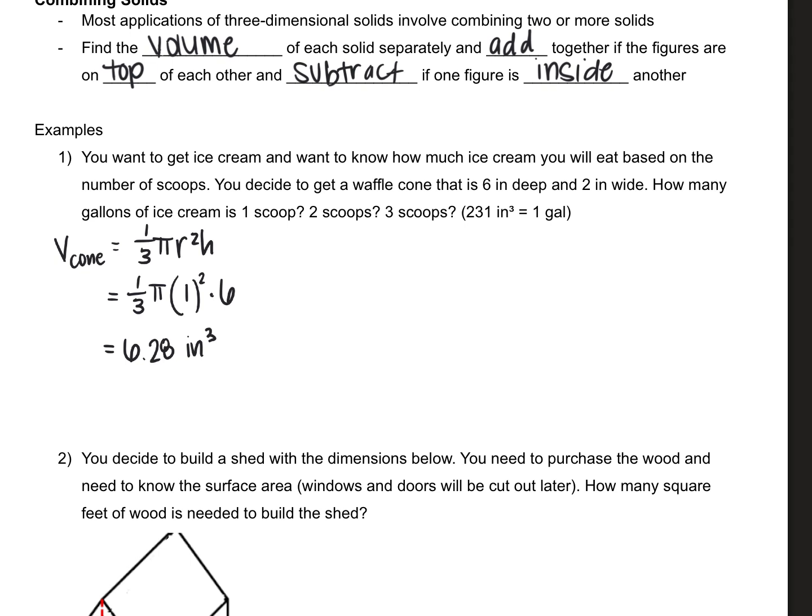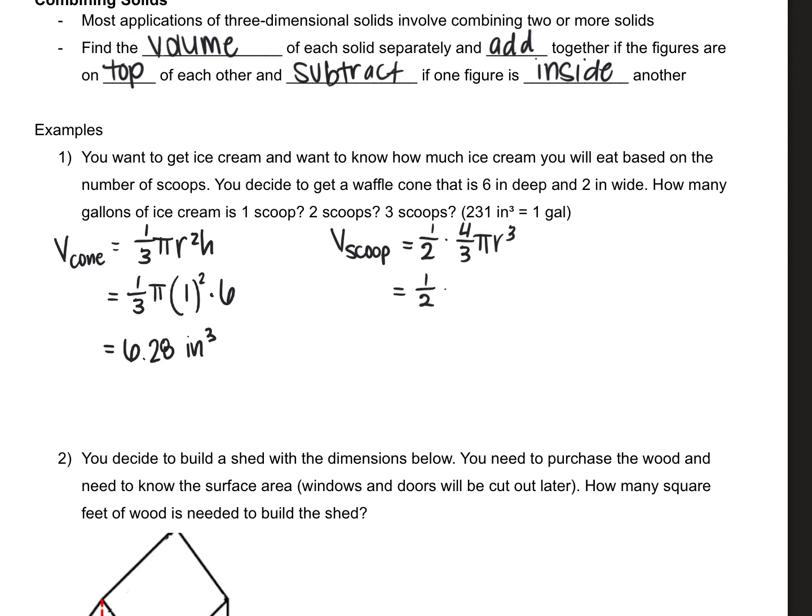Okay. Now we want to find the volume of each scoop. And each scoop is basically a hemisphere, which is half a sphere. So we'll do 1/2 times the volume of a sphere, 4/3 pi r cubed.